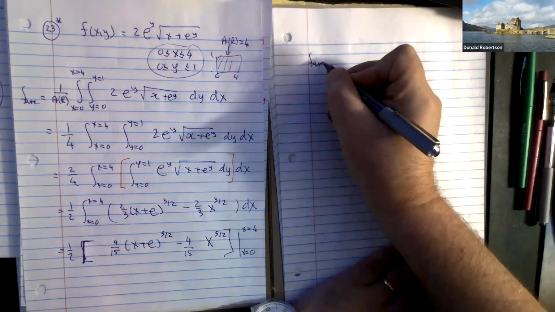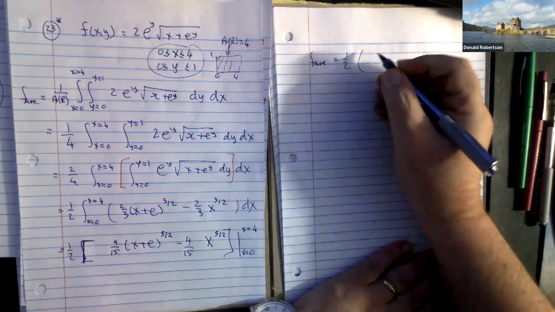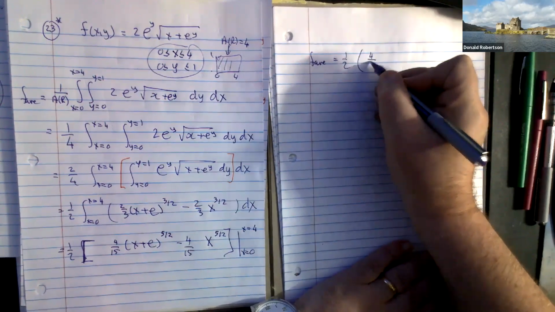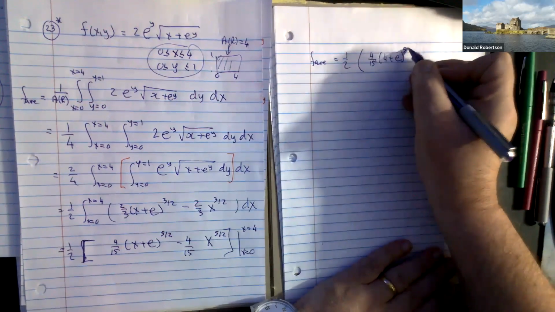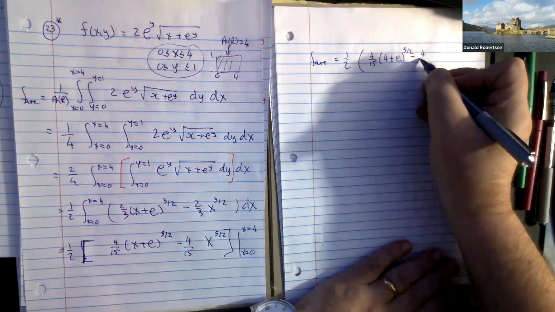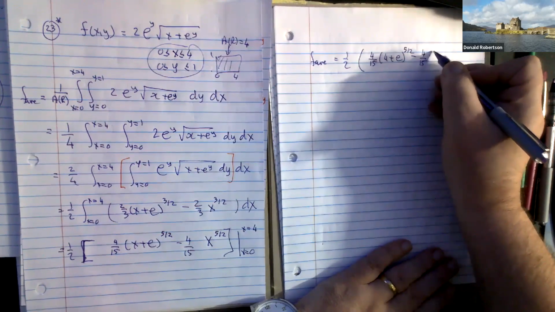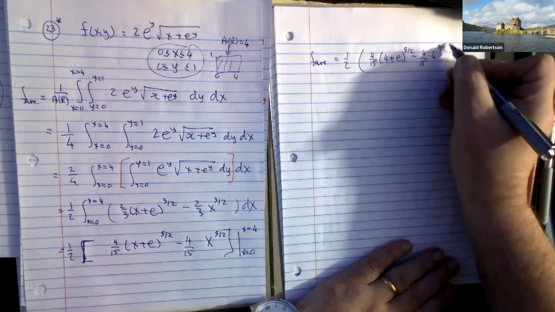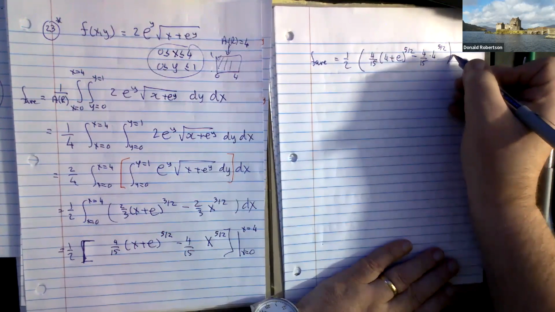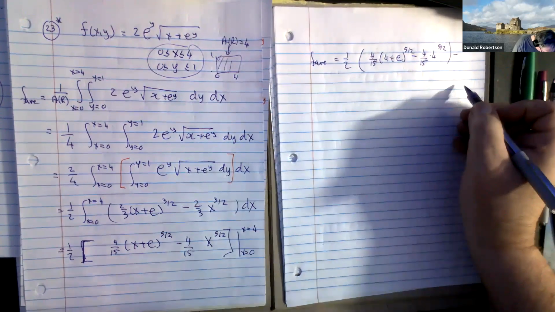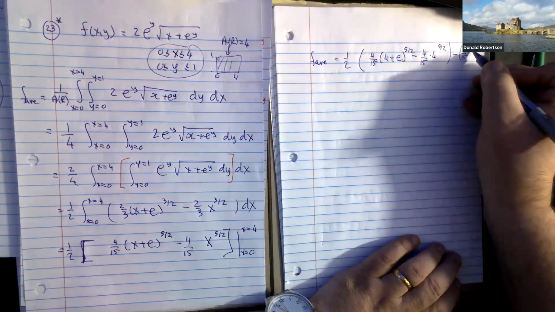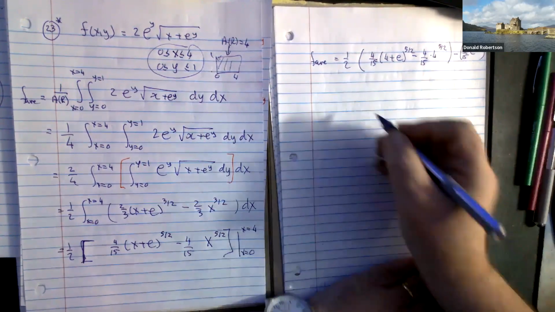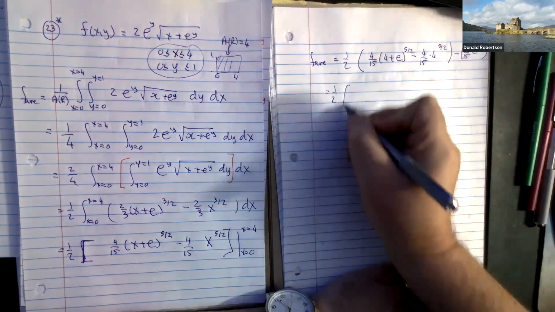So the average value of the function is, let's see what we get. 4/15, 4 plus e to the 5 halves, take away 4/15 times 4 to the power of 5 halves. Oh, God in heaven. Put in 0 here, and you get 4/15 e to the 5 halves. Oh, take away nothing. Okay, so we have 1/2.